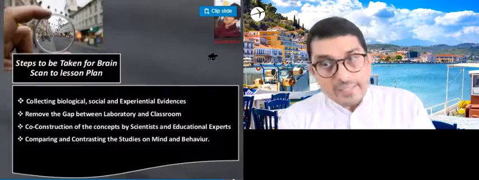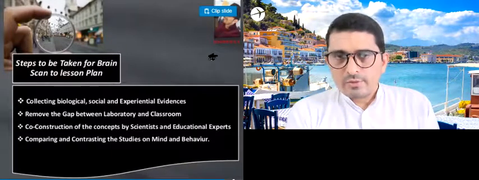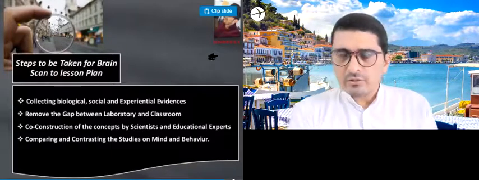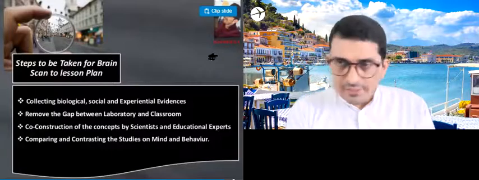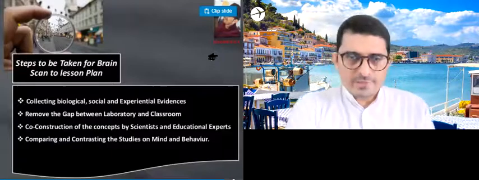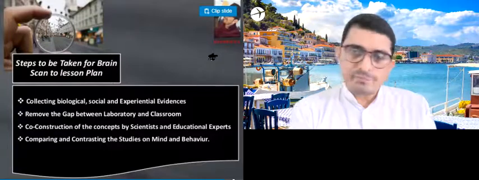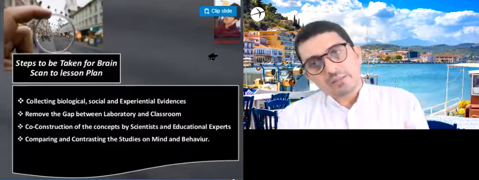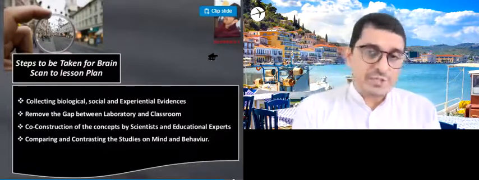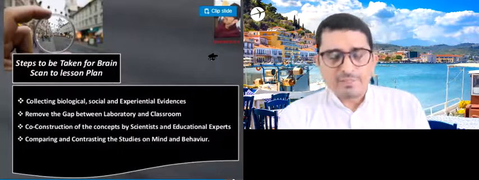We should not do anything all of a sudden. First, we have to make deep experiments by collecting biological parts and by making some scientific studies on social and experiential aspects.